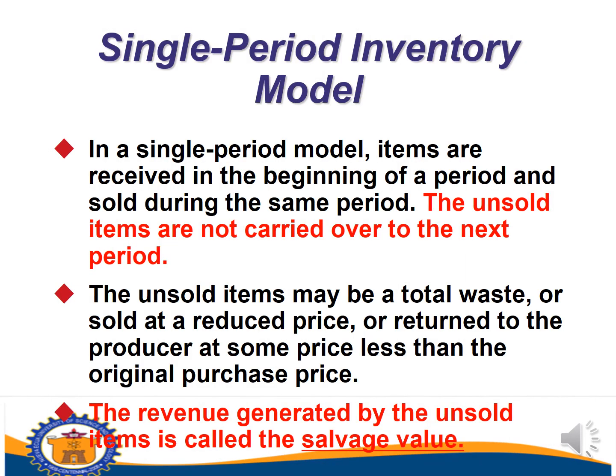In a single period inventory model, items are received at the beginning of a period and sold during the same period. The unsold items are not carried over to the next period. The unsold items may be a total waste, or sold at a reduced price, or returned to the producer at some price less than the original purchase price. The revenue generated by the unsold item is called the salvage value.